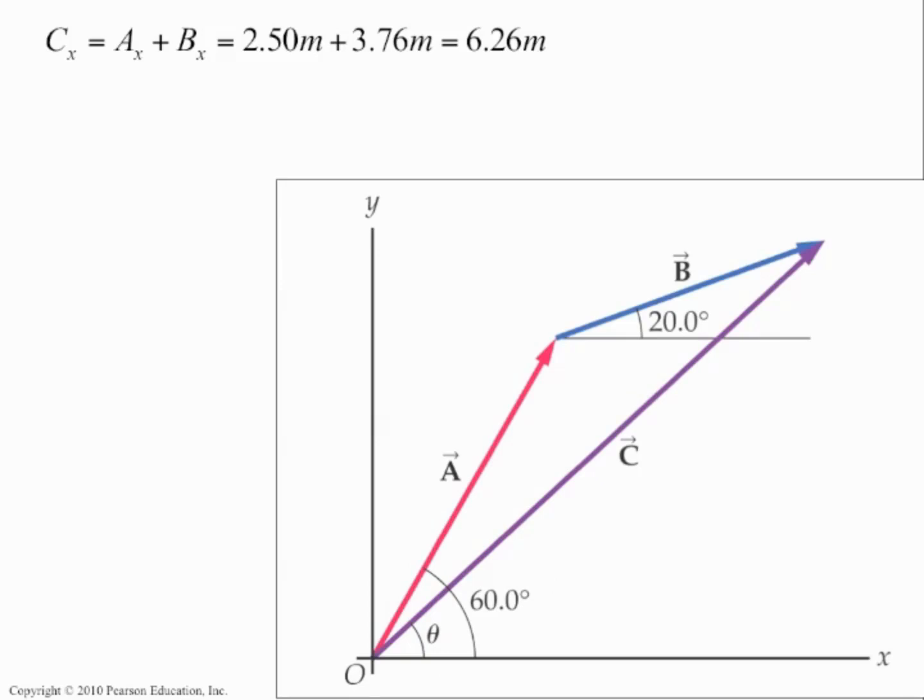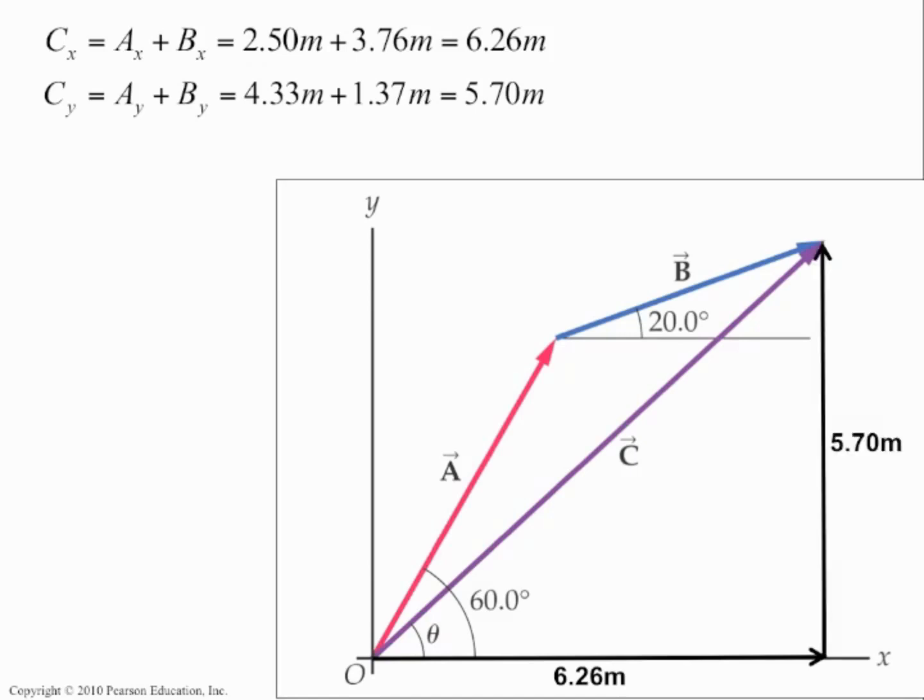Okay, and this is what you're going to get. CX equals AX plus BX, which is 2.50 meters plus 3.76 meters equals 6.26 meters. And we have that vector, C sub x, 6.26 meters. And C sub y equals A sub y plus B sub y, so 4.33 meters plus 1.37 meters equals 5.70 meters. And we have C sub y labeled there.